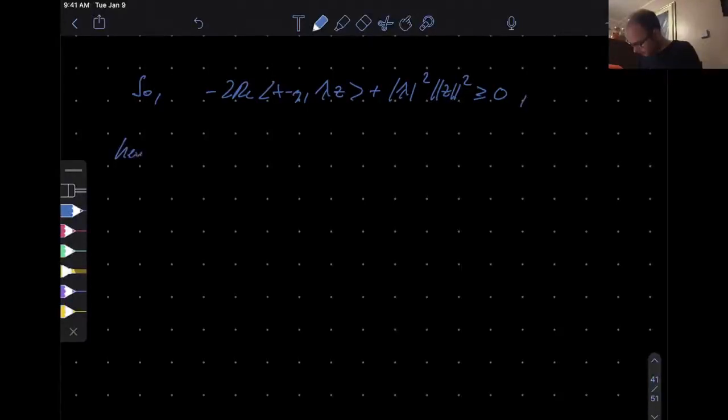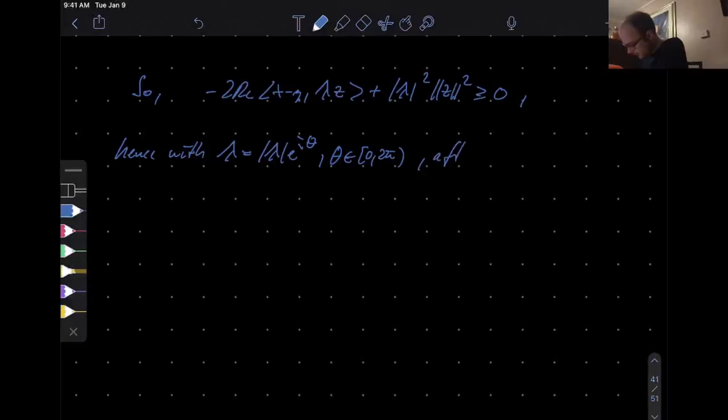Hence, with lambda in polar form, lambda e to the i theta, theta in 0 to pi, so you insert it here, then you can cancel out something. After the cancellation, you take the limit as lambda goes to 0 in complex modulus.